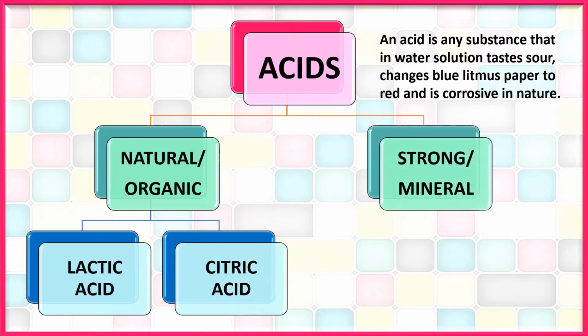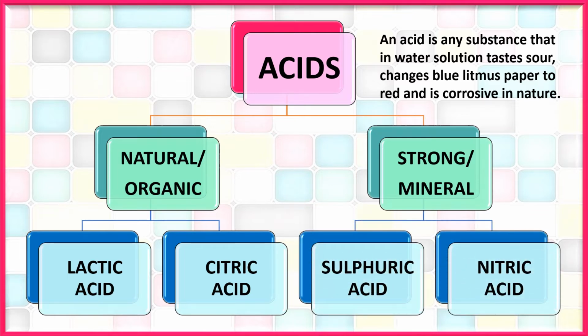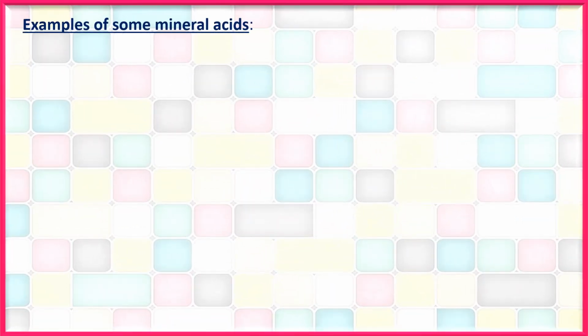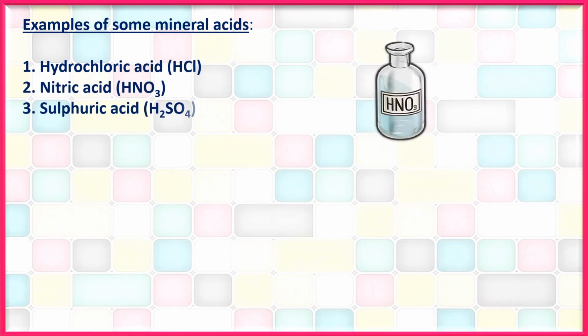And the other type of acid is the strong mineral acid, like sulfuric acid, nitric acid, hydrochloric acid, etc. Some mineral acids are hydrochloric acid HCl, nitric acid HNO3, sulfuric acid H2SO4, and carbonic acid H2CO3. HCl, HNO3, H2SO4 and H2CO3 are the molecular formulas for these respective acids.